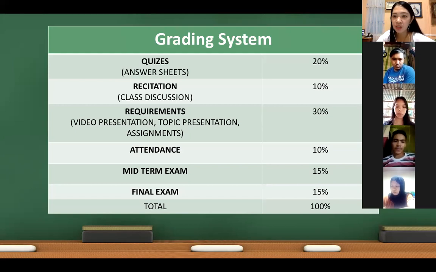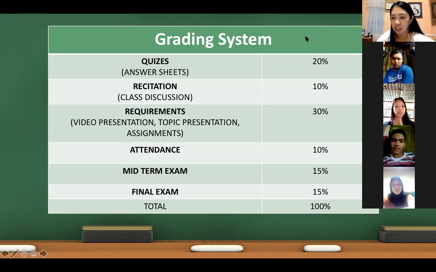And as you can observe, yung pinakamataas talaga na rate natin is taken in the requirements, which is 30% siya, class kasi andito yung video presentation, topic presentation, and the 16 assignments. And 10% is for attendance, for the examination, 15% for the midterm, and 15% for the final exam, a total of 100%. So that would be our grading system.